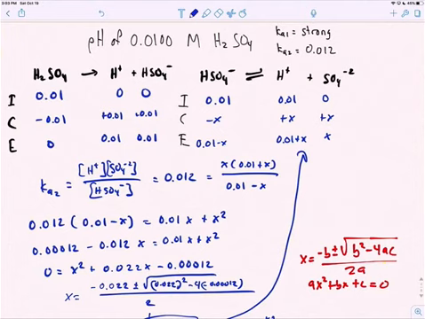And then we have the equilibrium expression, 0.01 minus the extent of reaction, plus 0.01 plus the extent of reaction, and sulfate being the extent of reaction. So we write our equilibrium expression, products over reactants, that is 0.012, and we put in our x extent of reaction unknown into that, and then we have to FOIL it and set it up in terms of the quadratic equation and solve for x.